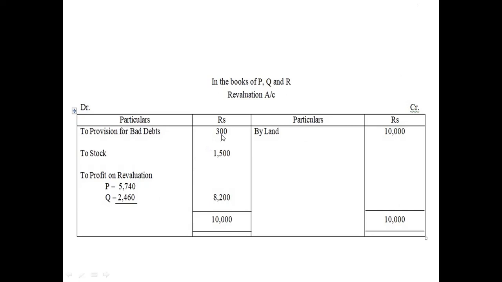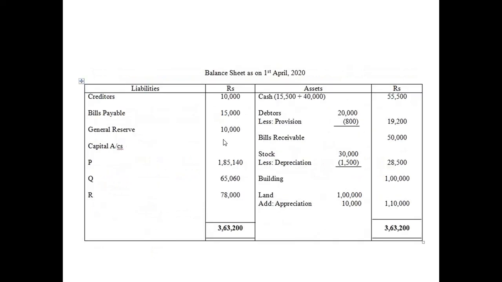So we created an extra 300 rupees. So 500 plus 300, how much is it? It will be 800. So we do the subtraction. Okay, 19,200. You have to draw this kind of line. Otherwise, it will be a bit confusing and it looks very immature. Okay, so after that, we write bills receivable. There is no adjustment for the bills receivable, so we write the amount directly.